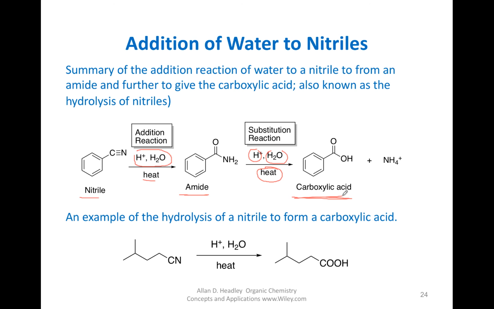So again, if you're asked, what is the final product of reacting this nitrile with an acid in the presence of water and, most important, heat here, the final product is a carboxylic acid.